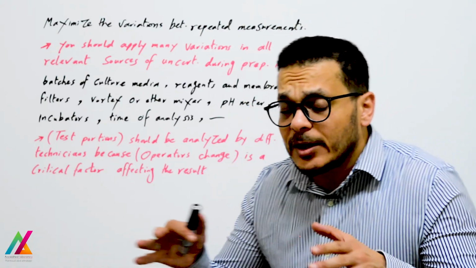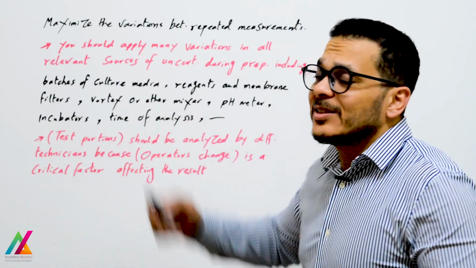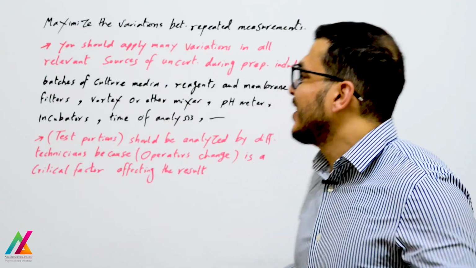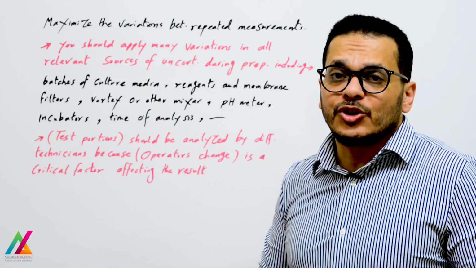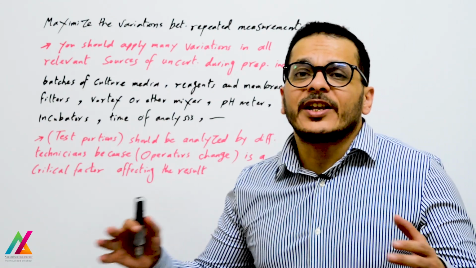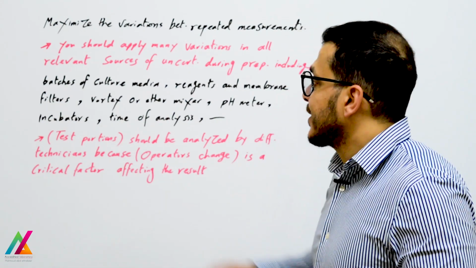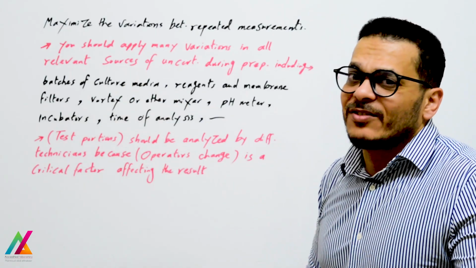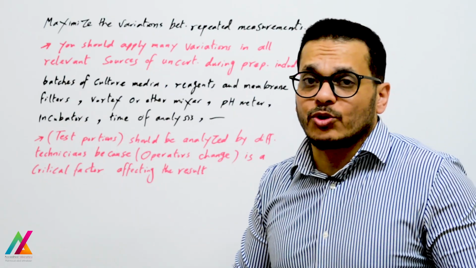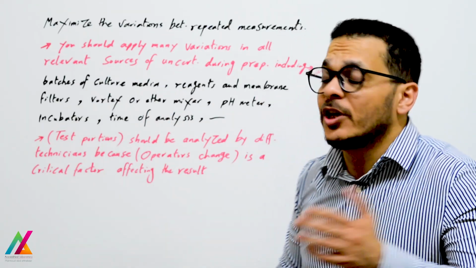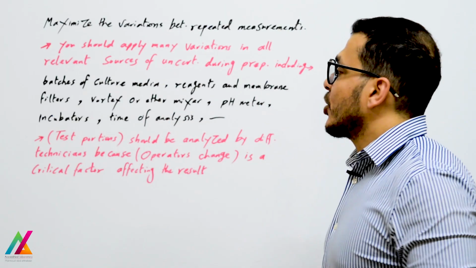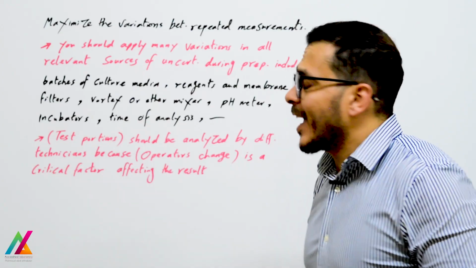Then during the repetition, you should maximize the variation between repeated measurements. You should apply many variations in all critical factors, all relevant sources of uncertainty that I mentioned before, during the preparation, including batches of culture media.